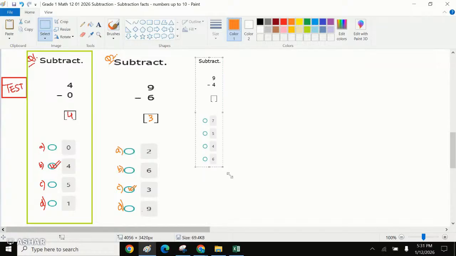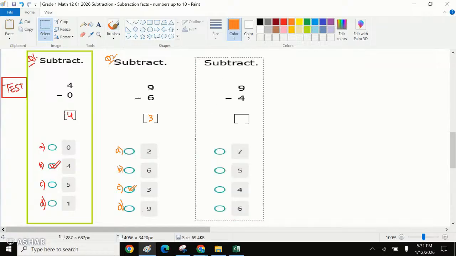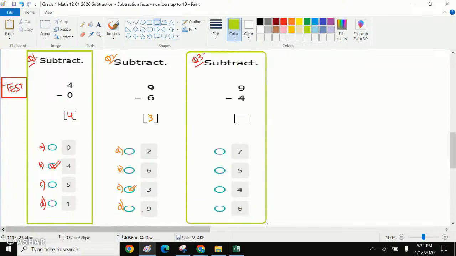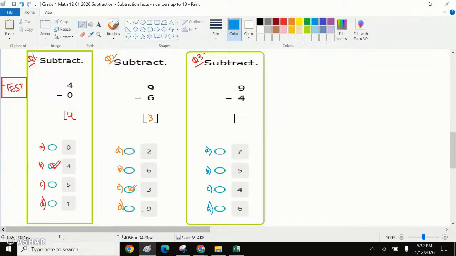Moving on ahead to question number 3. Question number 3 says, subtract 9 minus 4. And the given options for us are option A, option B, option C, and option D. Yes, thank you, Grinsley.